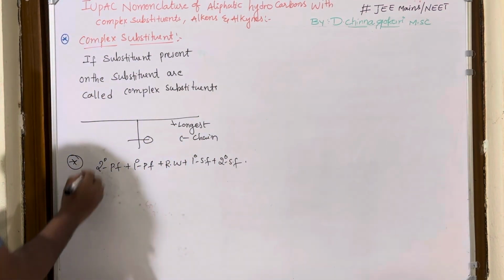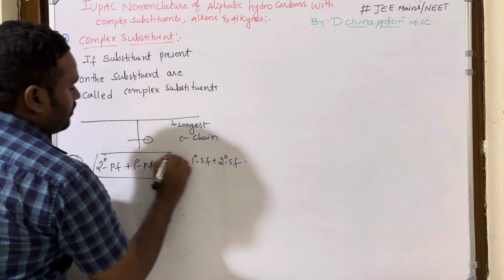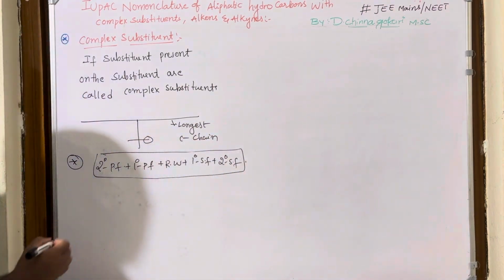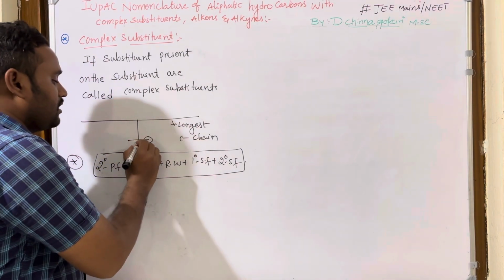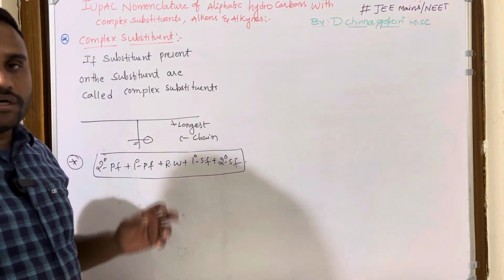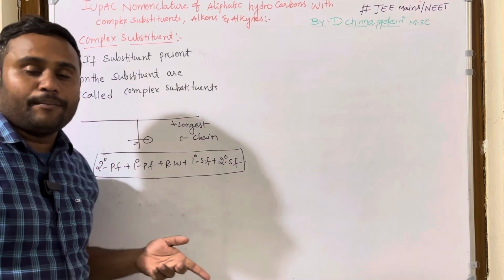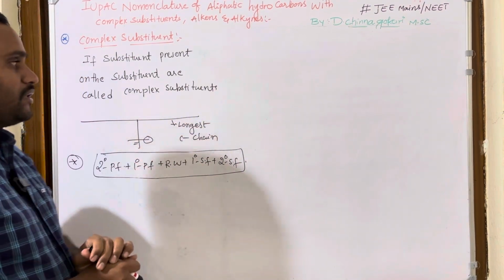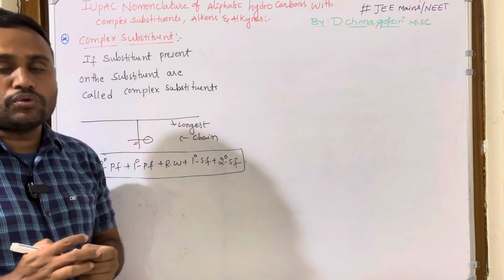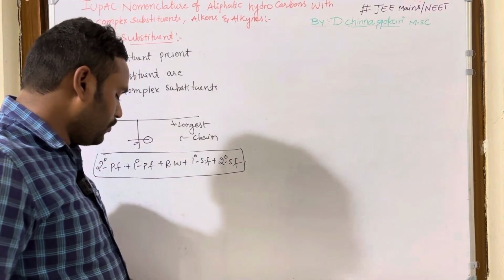So this we follow. But somewhat differently, when writing the name of this complex substituent, we write it in the bracket by mentioning the position of this complex substituent. Now let us go through some examples so we can get more clarity.